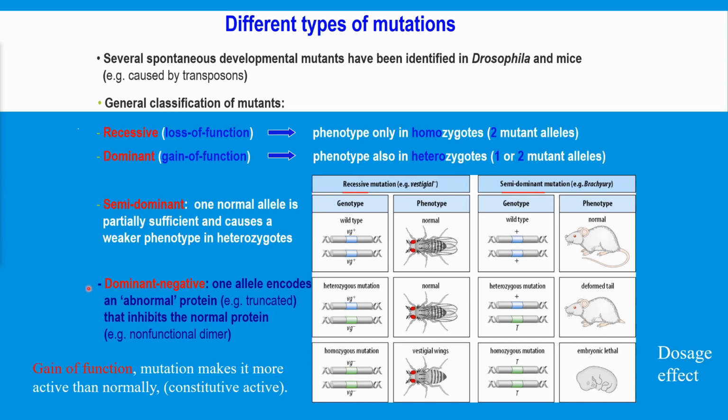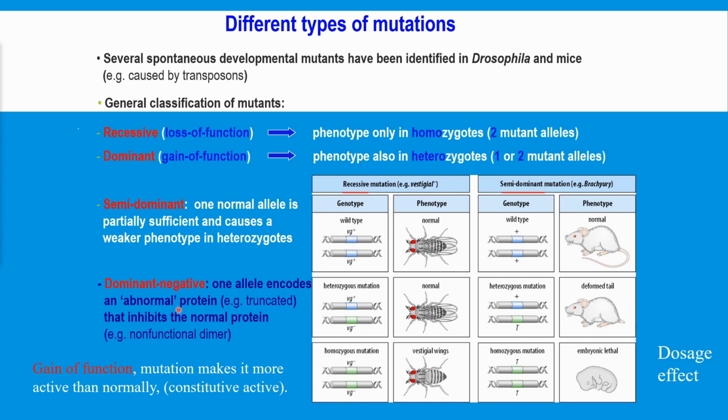Finally, we can have dominant negative mutations, where we get a mutation in the protein coding part of the gene, which gives rise to abnormal protein. Maybe this protein normally binds to itself, forming homodimers, and we get both abnormal protein and normal protein.